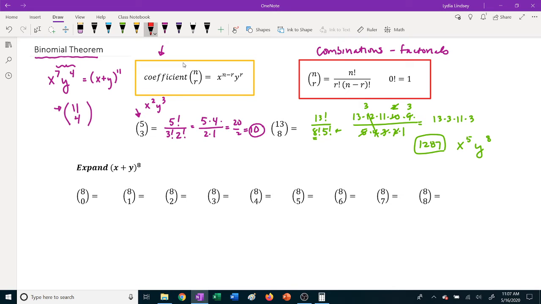If it says expand x plus y to the 8th, then I can just find those coefficients using this system. Now, what helps is for me to write out those variables. So the first one's going to be x to the 8th, and then I'm going to have x to the 7th, and then y to the first.